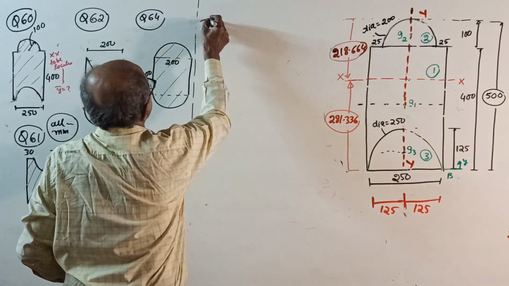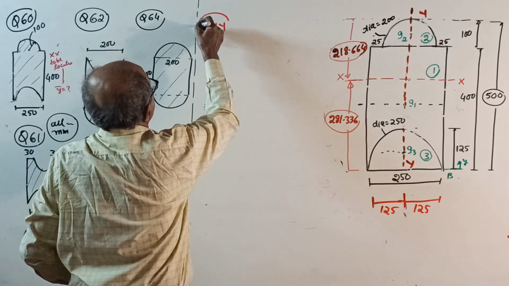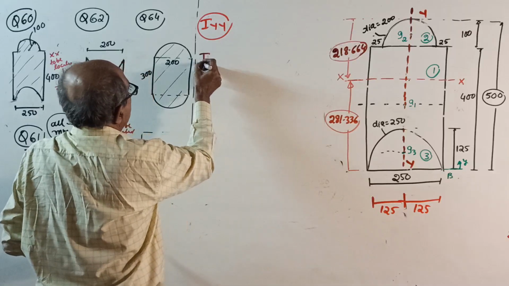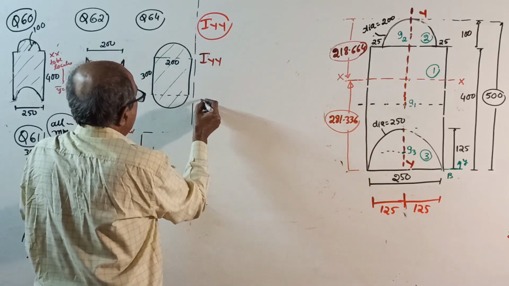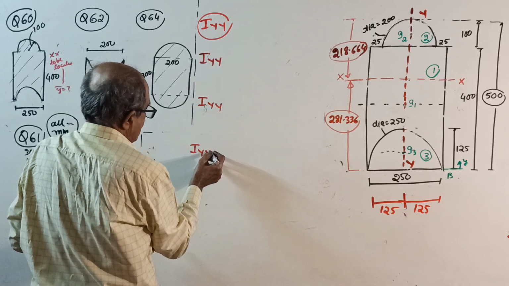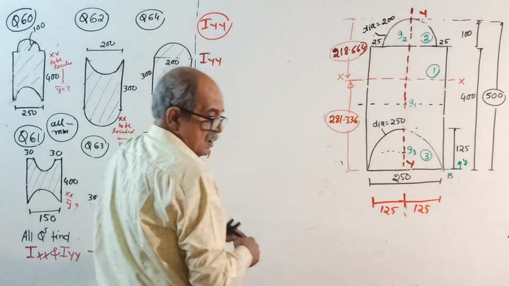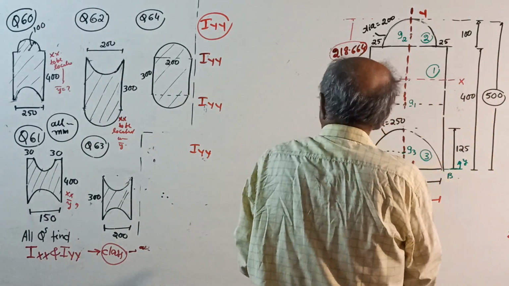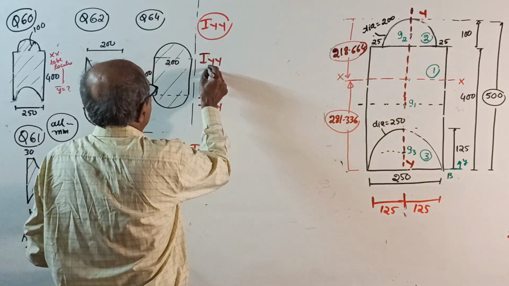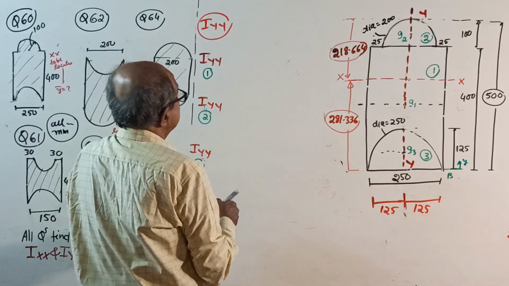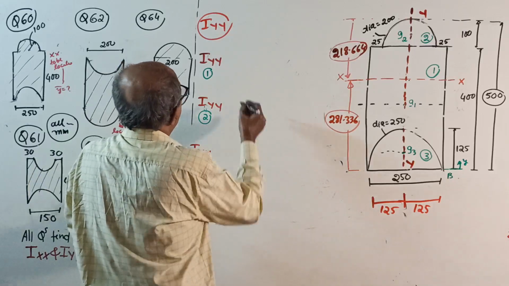Now, calculation of IYY. First IYY for 1, IYY for 2, IYY for 3. See, I will tell you before I start.